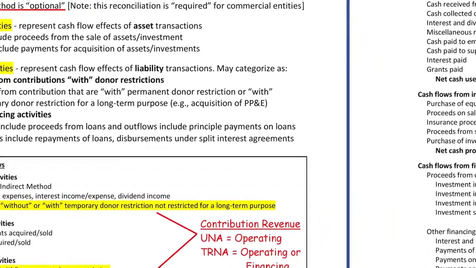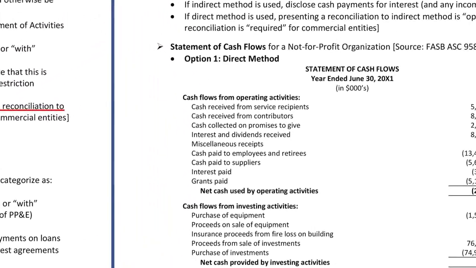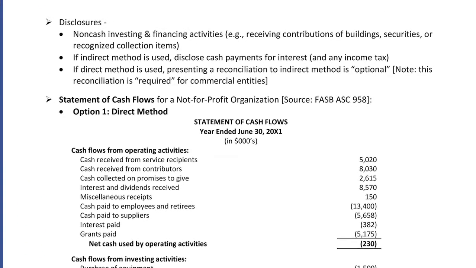Move to page 51, where we've got a sample statement of cash flows using, put a box around the option on direct method.